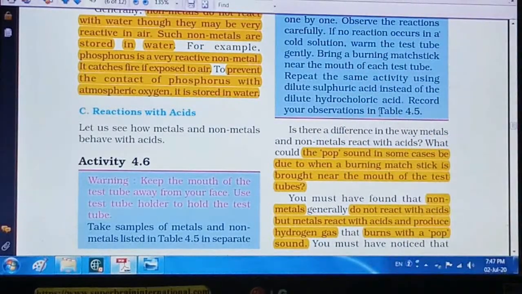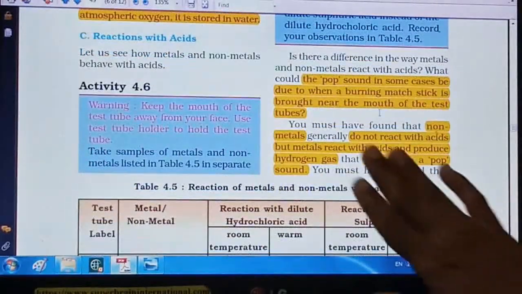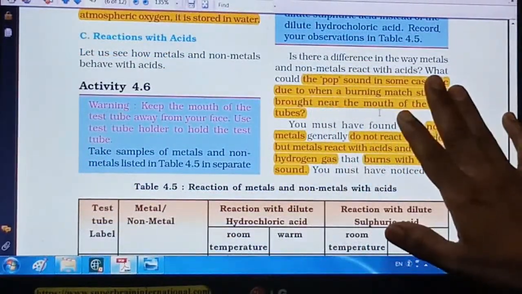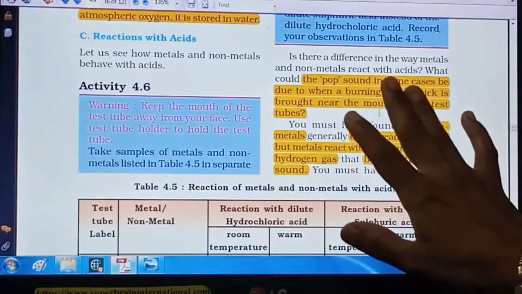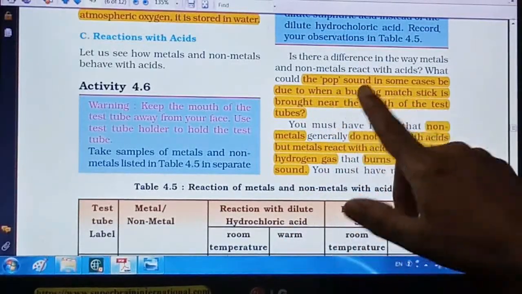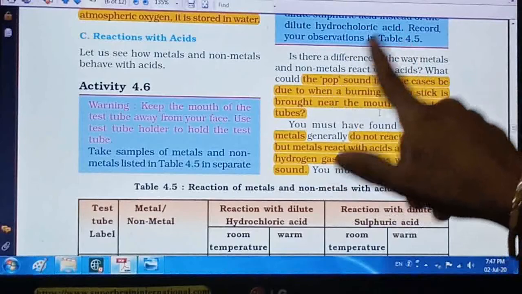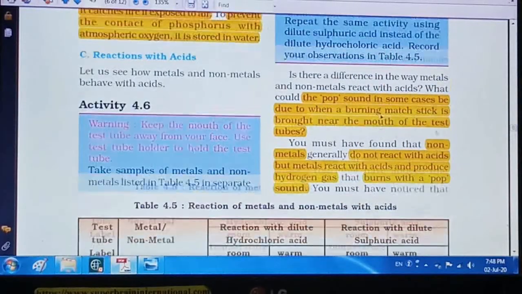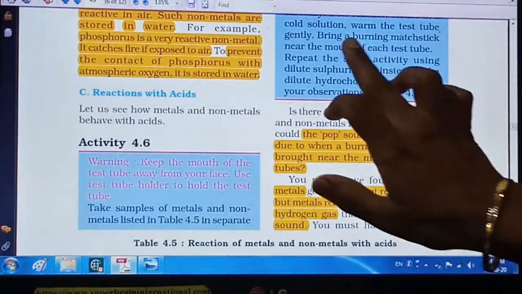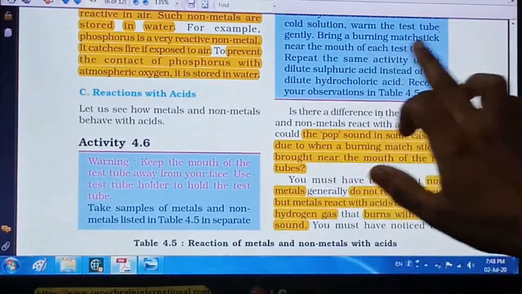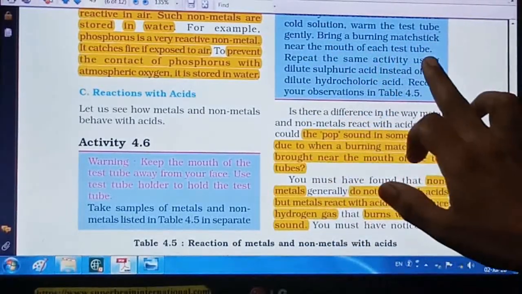And record your observation. See, it is said here that there is a difference in the way metals and non-metals react with acid. See, whenever it is said that you have to bring a burning matchstick, right? It's said to bring a burning matchstick near the mouth of each test tube.